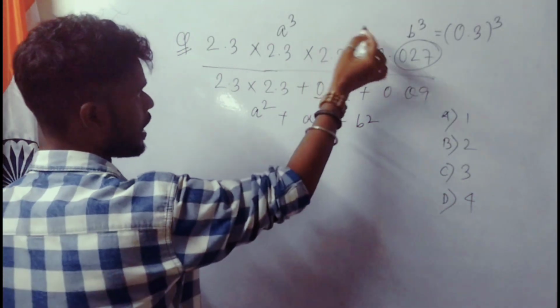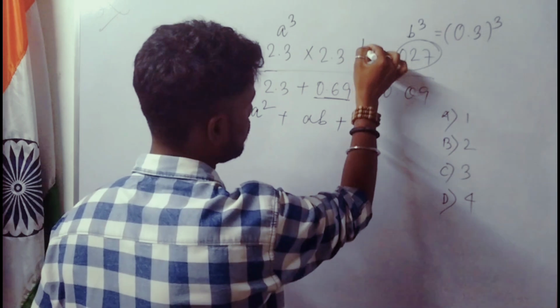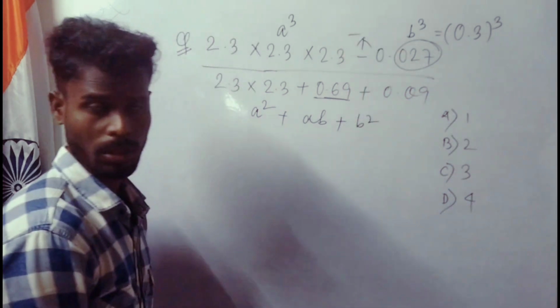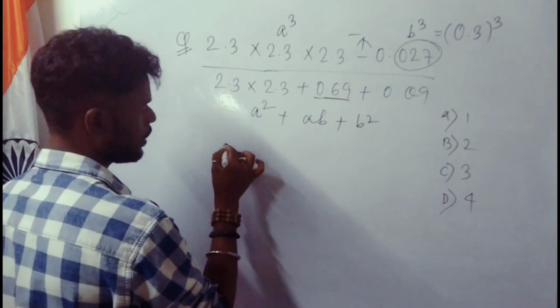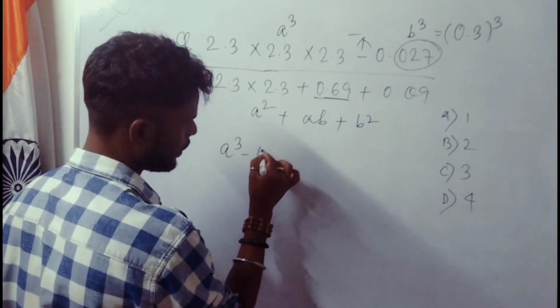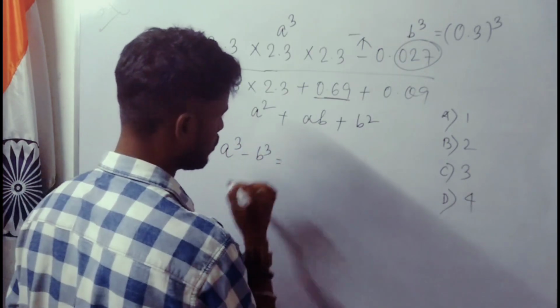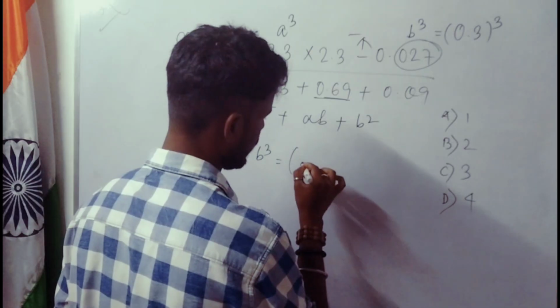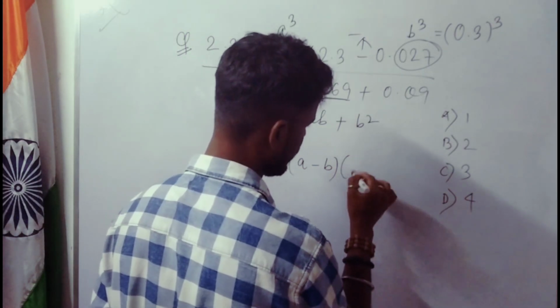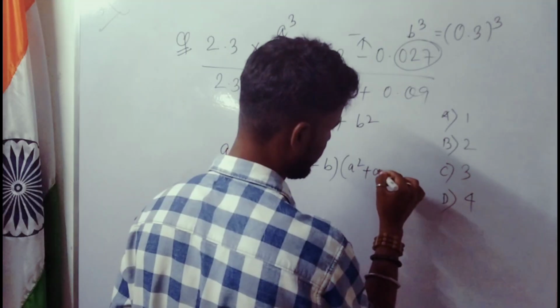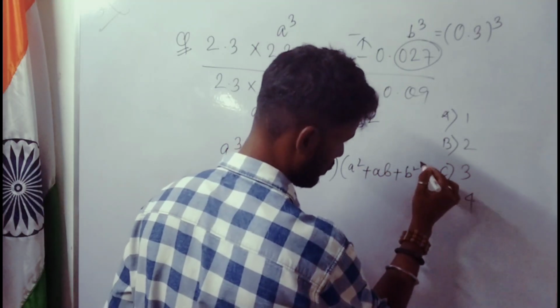Now you know the formula of a cube minus b cube: a cube minus b cube equals a minus b times a square plus ab plus b square.